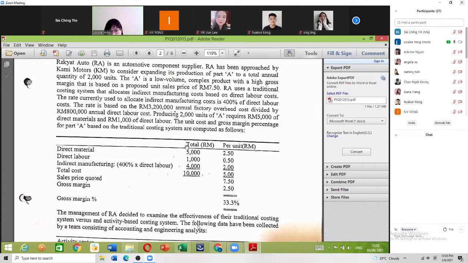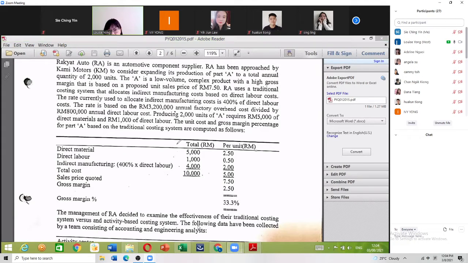Direct material 5,000, direct labor 1,000, so the overhead will be 4 times, 400%, right? So 1,000 times 400%, the overhead is 4,000 dollars, so the total cost will be 10,000.